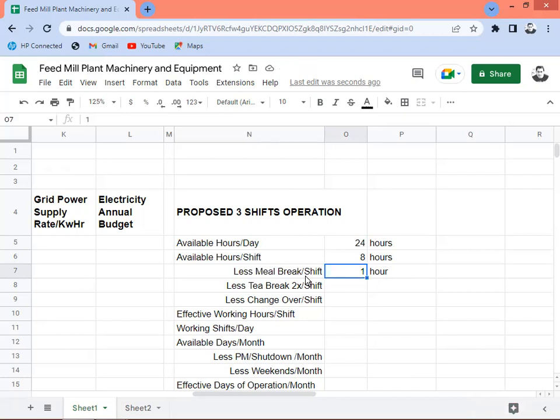Of course, we're also providing tea or coffee breaks twice in one shift, 15 minutes each, so that would be 0.5 hour.